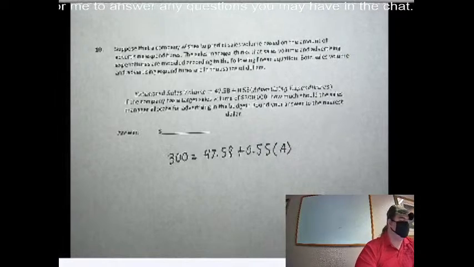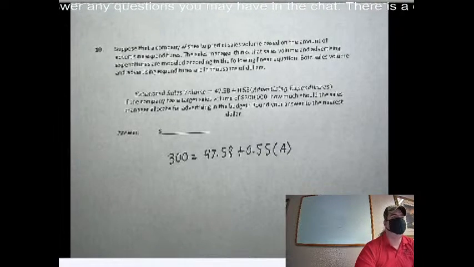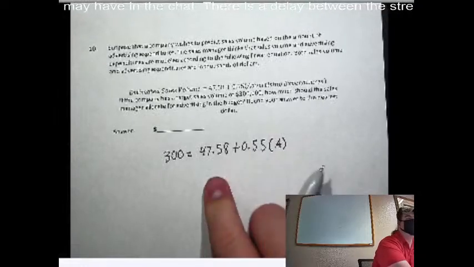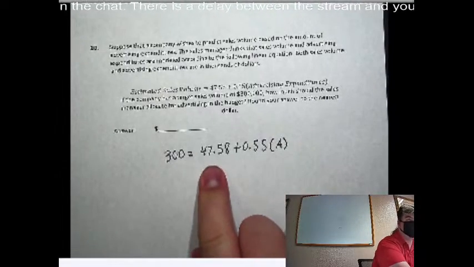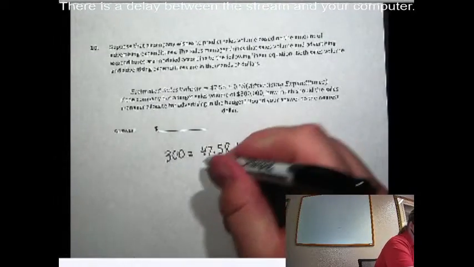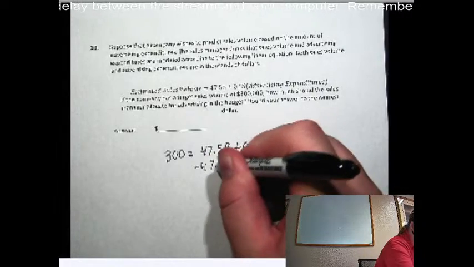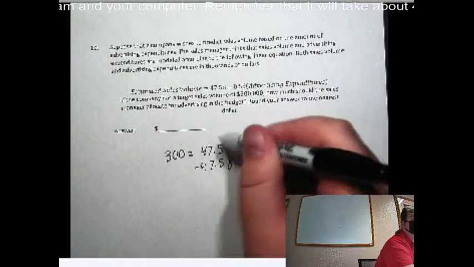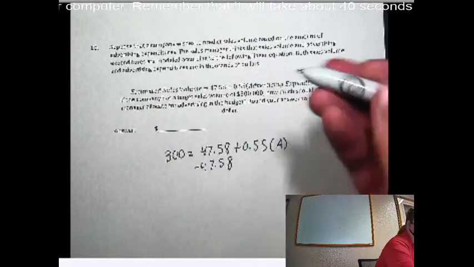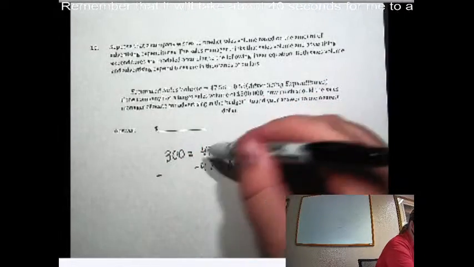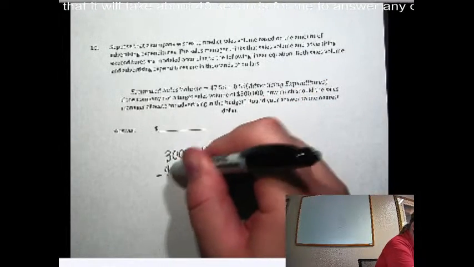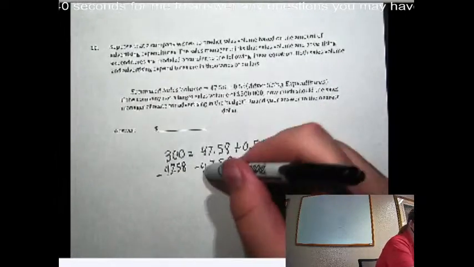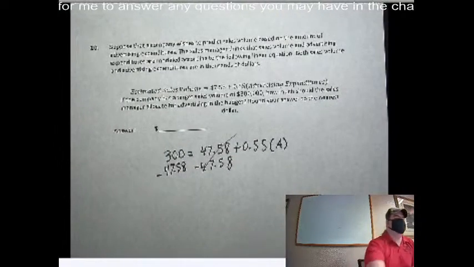And now we need to solve. The easiest part to get rid of first on this side is 47.58. We can subtract it from this side. And of course, if we do something to this side, we have to do the same thing to the other side. So minus 47.58. So this side it cancels.